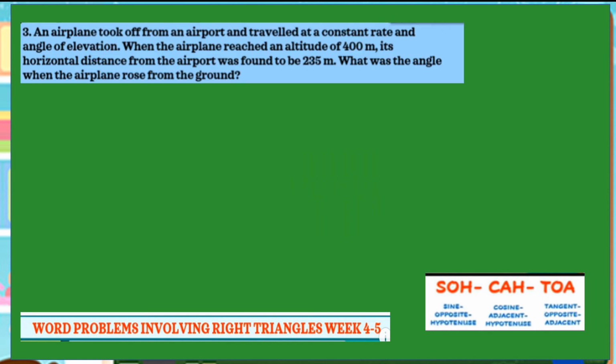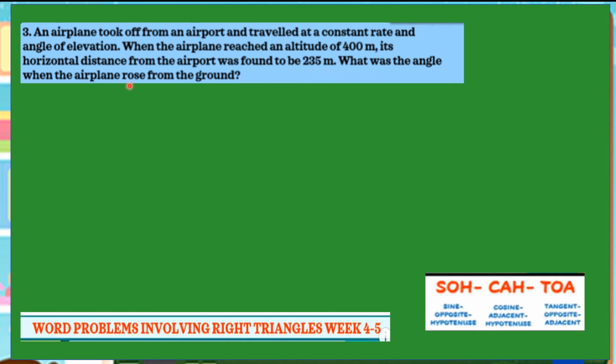Next problem. We have an airplane that took off from the airport and traveled at a constant rate at an angle of elevation. When the airplane reached an altitude of 400 meters, its horizontal distance from the airport was found to be 235 meters.